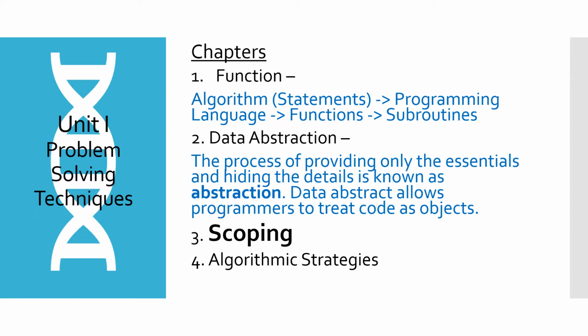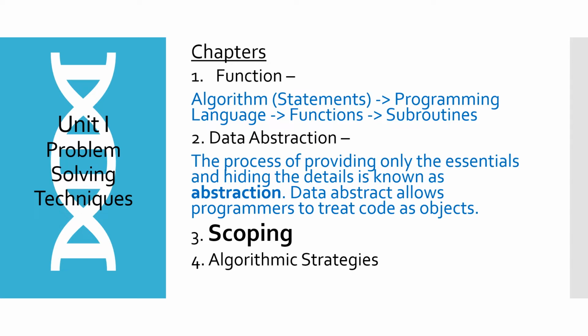Before we see more details about this chapter called scoping, I would like to recap the last two chapters which we have seen in the last two videos. The first unit was about function, and as we discussed before, functions are the basic building blocks of any programming language, and a function can have one or more subroutines.